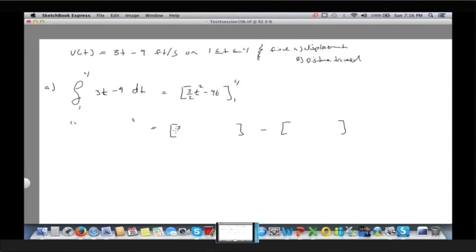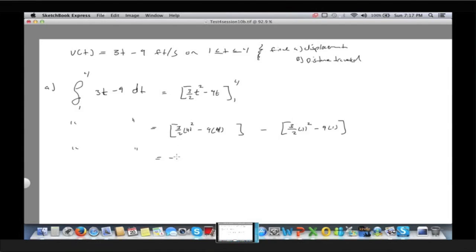So that's 3 divided by 2 times 4 squared minus 9 times 4, minus 3 divided by 2 times 1 squared minus 9.